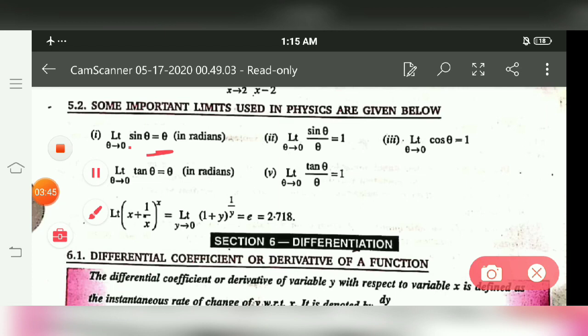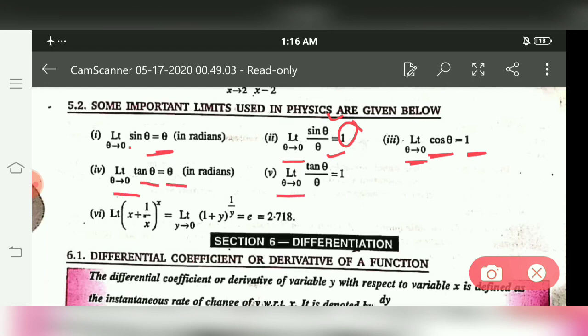Now, if theta approaches 0, sin theta equals theta. If theta approaches 0, cos theta equals 1. If theta approaches 0, sin theta by theta equals 1. And if theta approaches 0, tan theta is also equal to theta, so tan theta by theta equals 1.